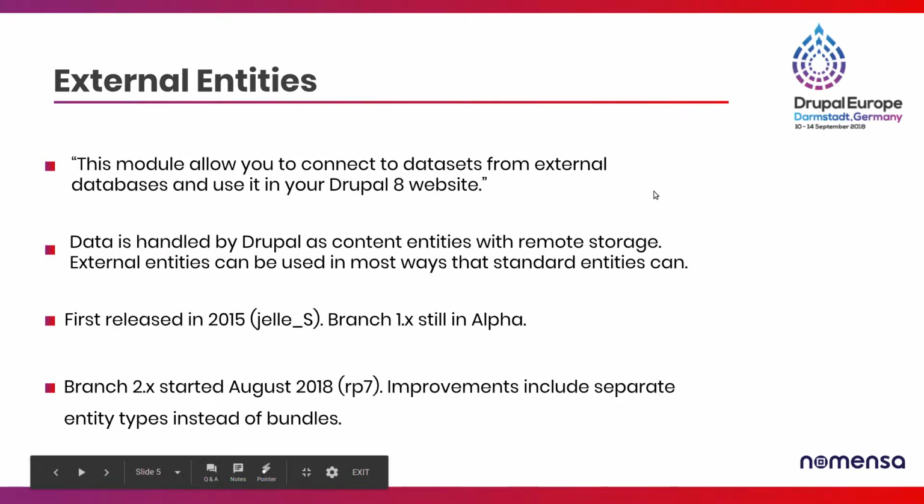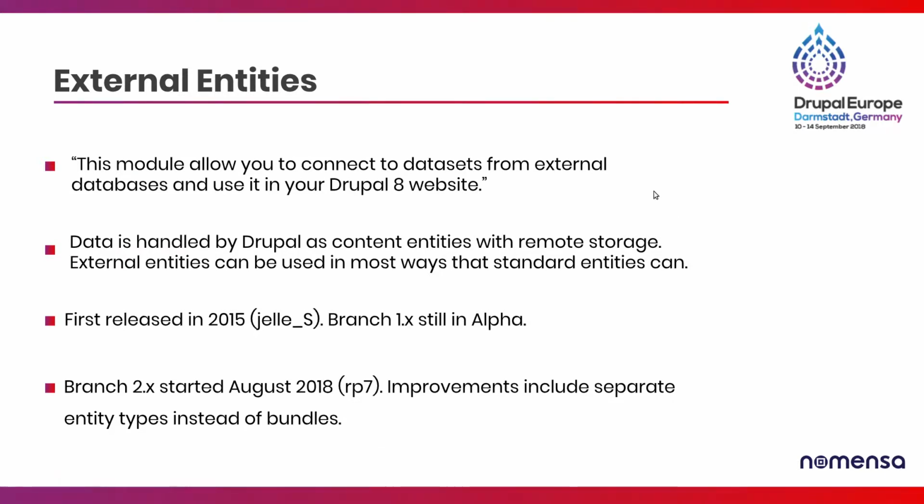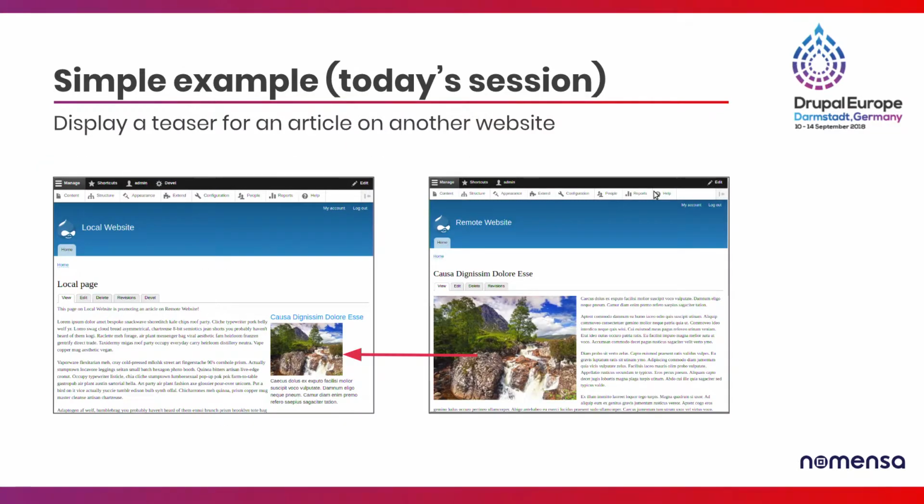So the idea is that you can pull in data from a remote service or database and treat it in the same way as other content entities within Drupal. A simple example for today is how can I promote an article on my local website that's actually posted on another site, my remote website.